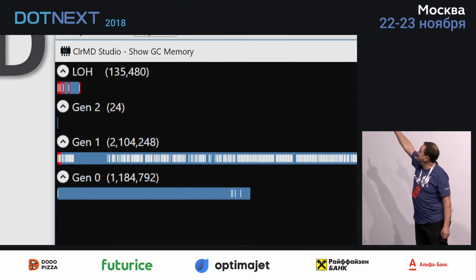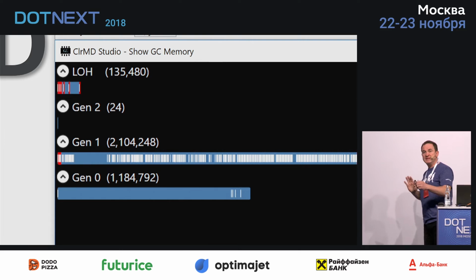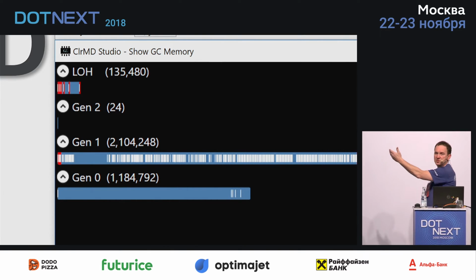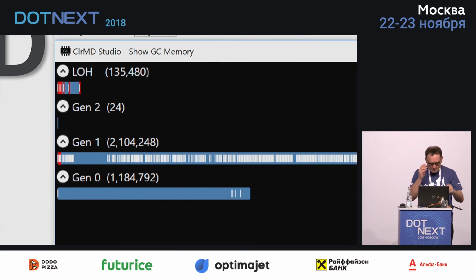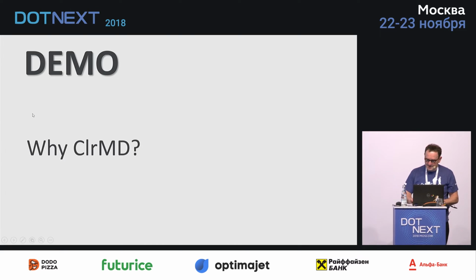If it's at the end of the segment, then it could forbid the GC from releasing all the memory. So you can see that very visually, you can understand what's going on. This was the limitation of my imagination for now.